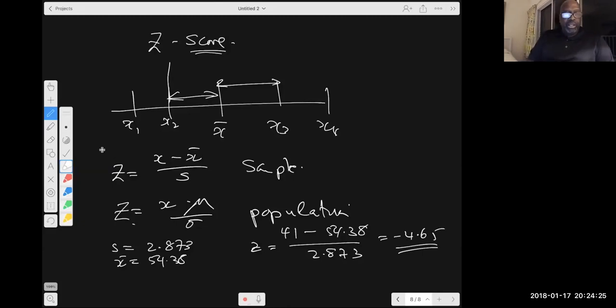Oh, it was 49, I said 41, so there's no wonder it's an outlier. But let's leave it as it is. If somebody spent 41 hours preparing for the week, while on average people are spending 54.38 hours, I'm sure that you would appreciate then that person kind of spent a lot less than the other people. So that is why statistically it's considered an outlier.